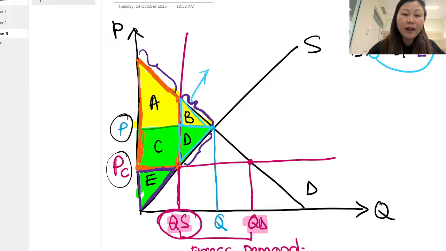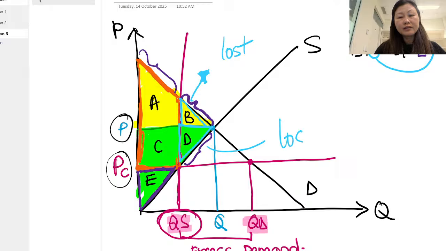So consumers in area B are lost. Lost, gone, whatever word you would like to describe it, disappeared. Suppliers in Sector D are also victims because they were renting their apartments at price P before the policy, but with the price ceiling, they're no longer willing to rent out the apartment at the lower price. Therefore, they're losing their surplus. That's lost as well.